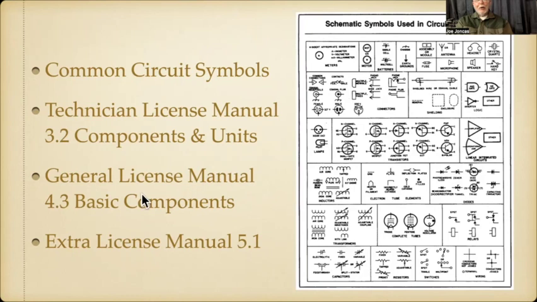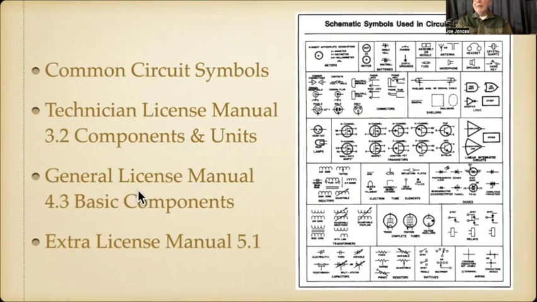I know there's one more point I want to make. Those of you who are going for your General class license, is it the end of June? Coming up here within a couple months. I think June 30th maybe is the very last day. That book is still good. But to be honest with you, they change very few questions.